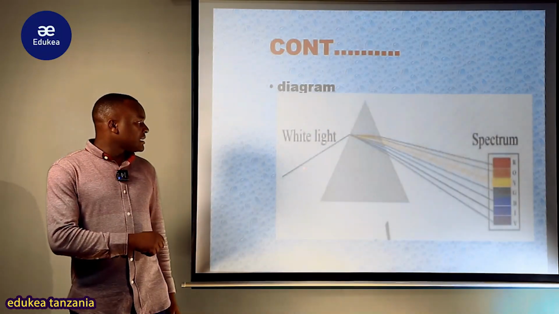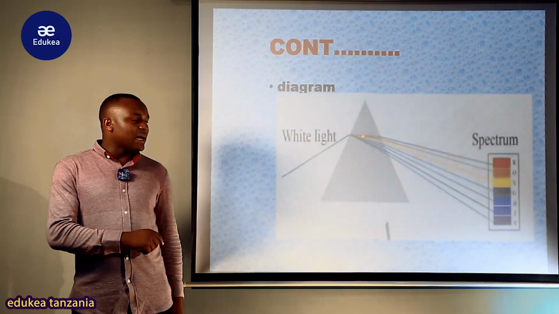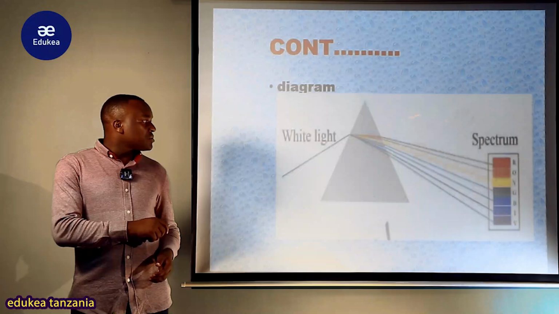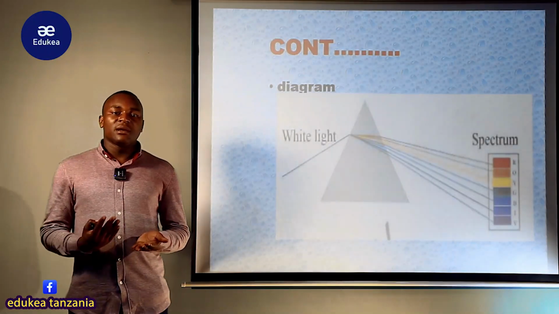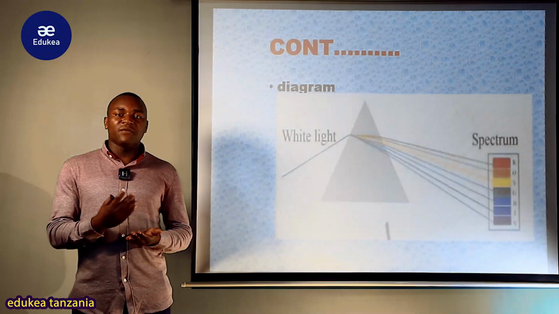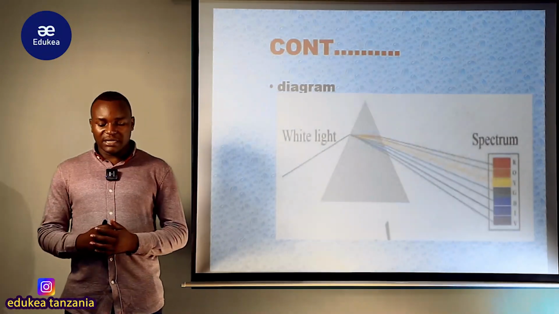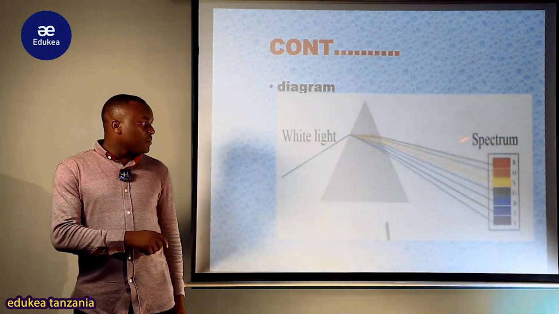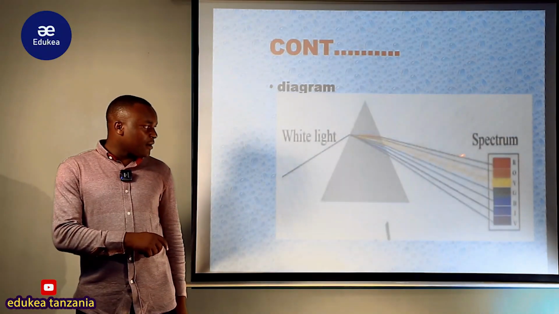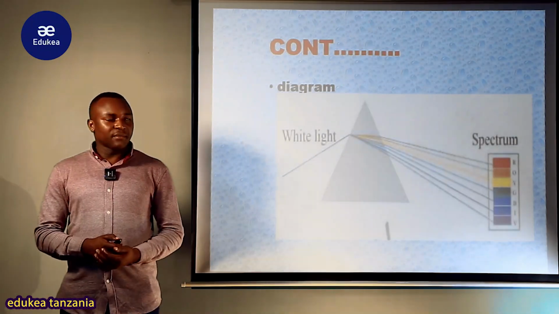Ukaangalia this is a white light, ilikuwa inakuja like this, ikakutana na prism. Baada ya kukutana na prism, kilichotokea ni kwamba kukatokea dispersion of white light, na tumeshaona kwamba dispersion of white light ni kule kuvunjika kwa ule mwanga kwenda kwenye component zake. So this dispersion of white light produces a spectrum. So all the colors here we call them spectrum.